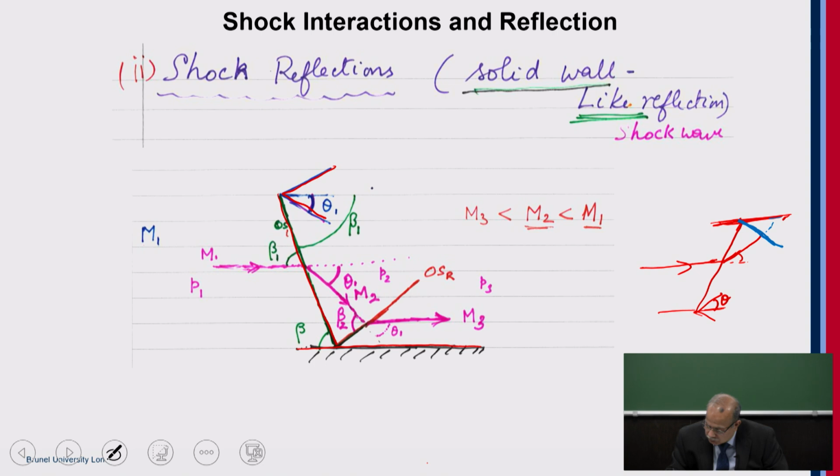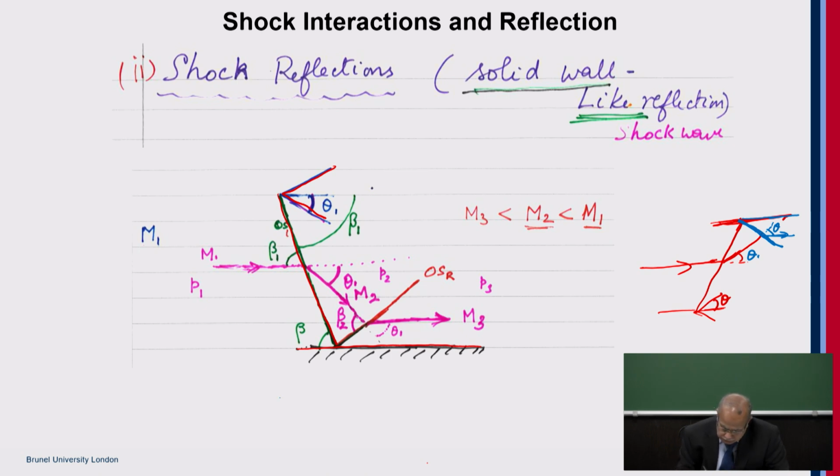Instead, it will cause the flow to turn exactly by the same angle which it has turned before, so that now the flow goes parallel to the wall. Is it clear? If there is no intervention here, then that flow will turn and hit the wall. But now before the flow hits the wall, the reflected shock will come in and will cause the flow to turn exactly by the same angle it has turned, and it goes parallel to the wall. So that is what will happen here.